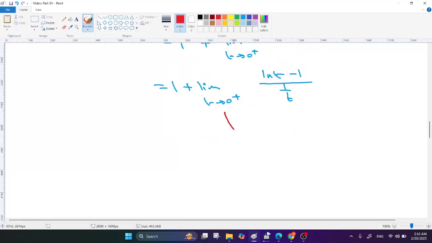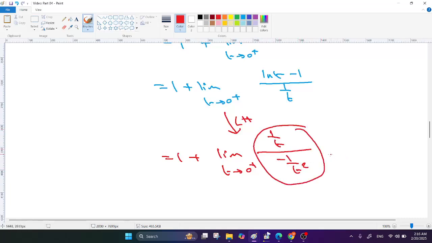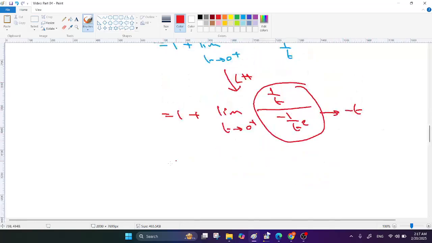So let's use that L'Hopital rule. Limit as t approaches 0 from the right, 1 over t over minus 1 over t squared. This inside the limit equals minus t. Good. Take the limit as t approaches 0, it's 0. So we get 1 plus 0 equals 1.